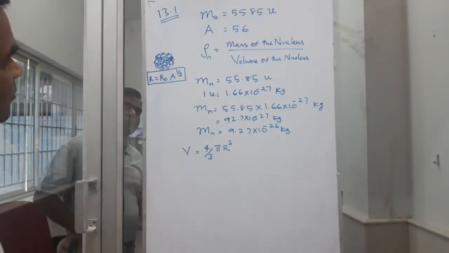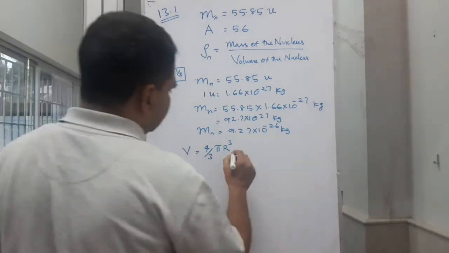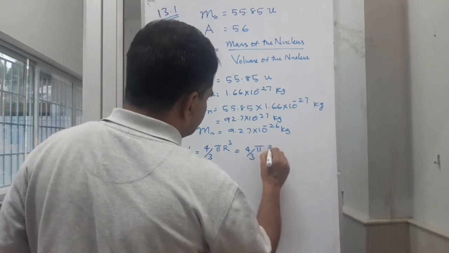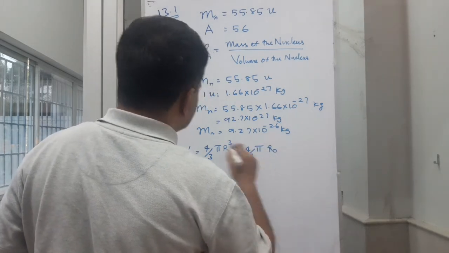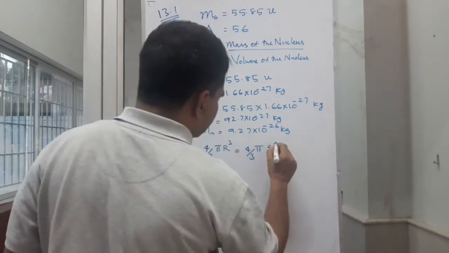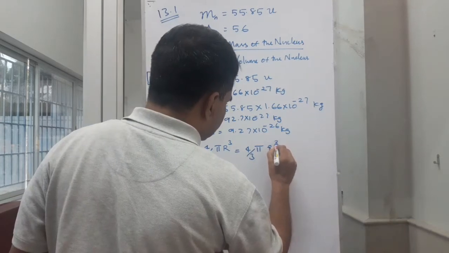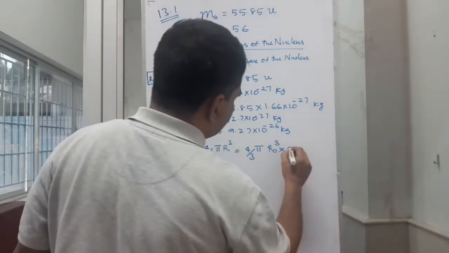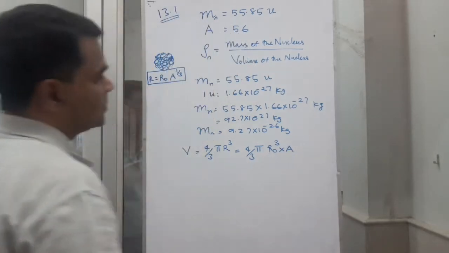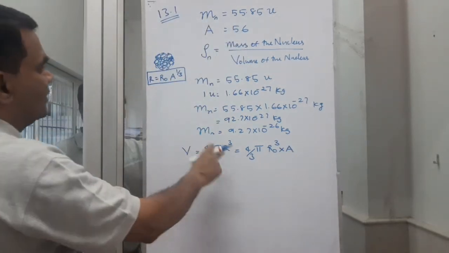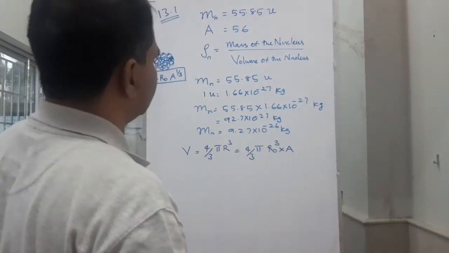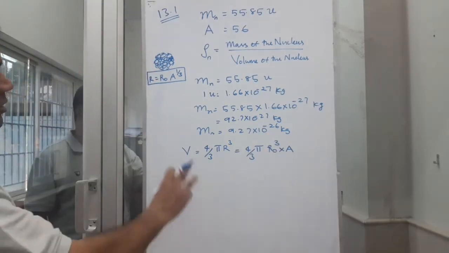So this becomes 4 by 3 pi into r naught cube, into A, because r can be written like this. So when you cube r, this is what you're going to get. But what is r naught?